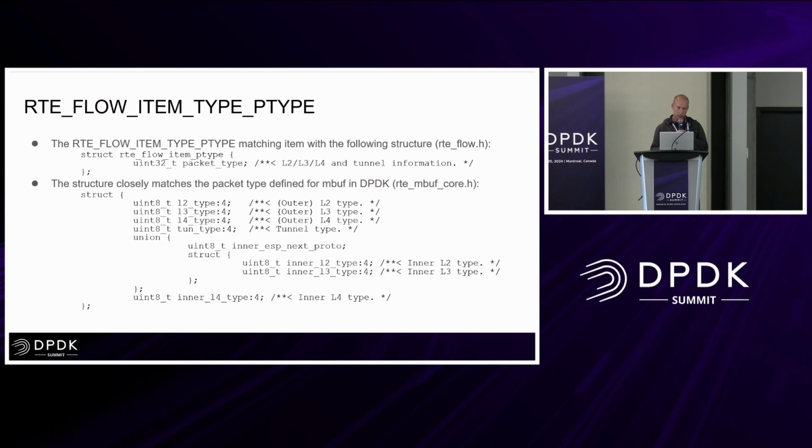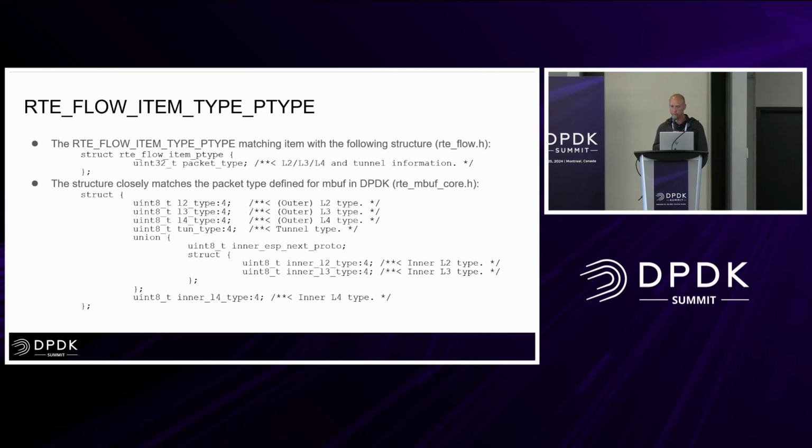And that's why recently we introduced in the Mellanox driver the new packet type matching item that follows closely the structure from the MBUF. So every application developer already familiar with that type, and it has all the information about the layer 2, 3, and 4 types, and tunnel protocols, and inner L2, L3, and L4 types as well.